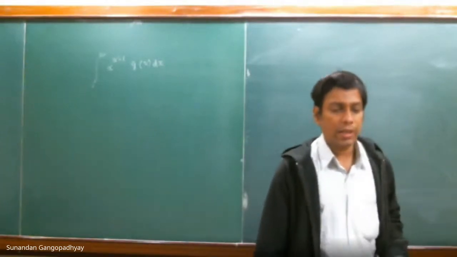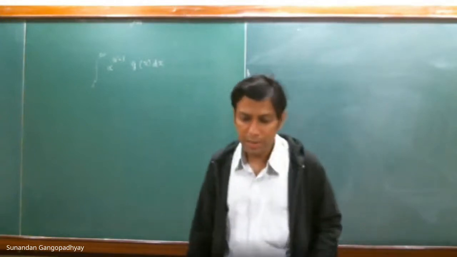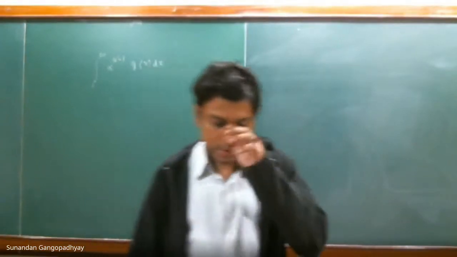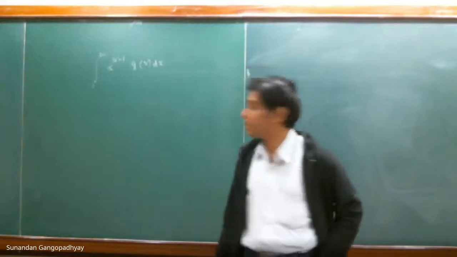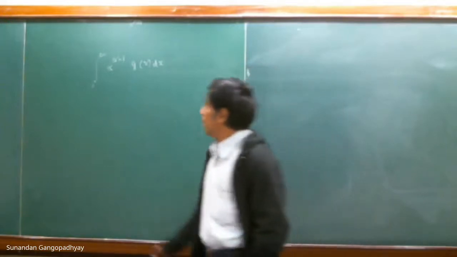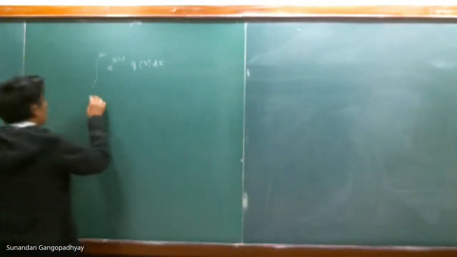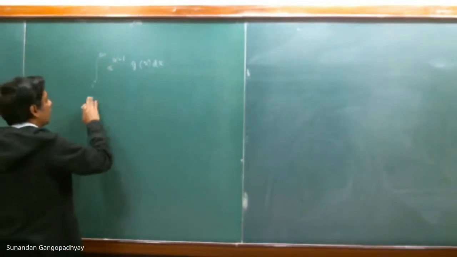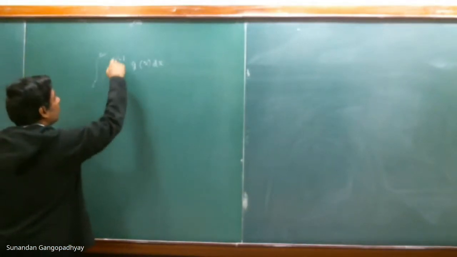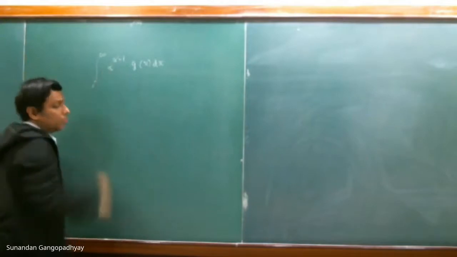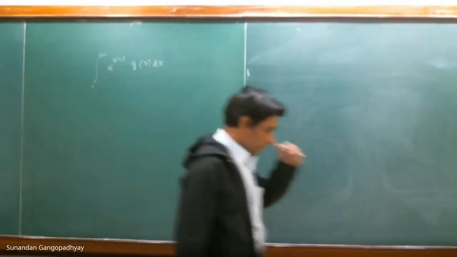This function g(x) has no poles or singularities on the real axis. And this alpha is not an integer.